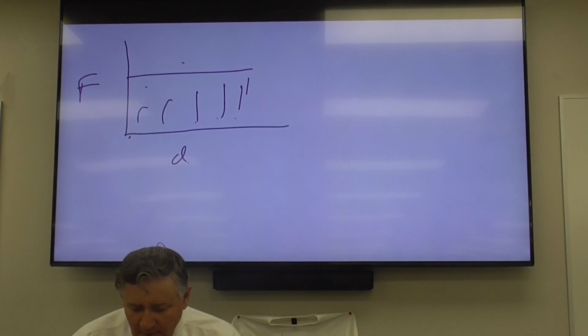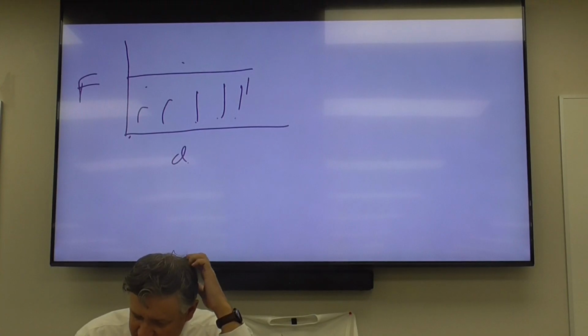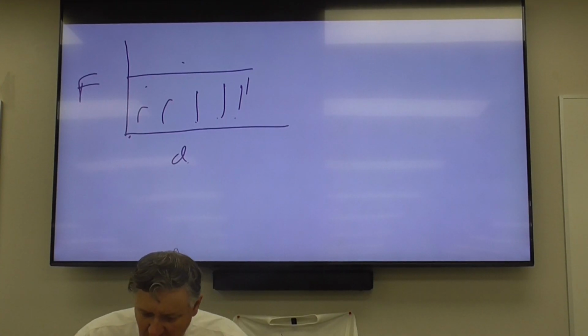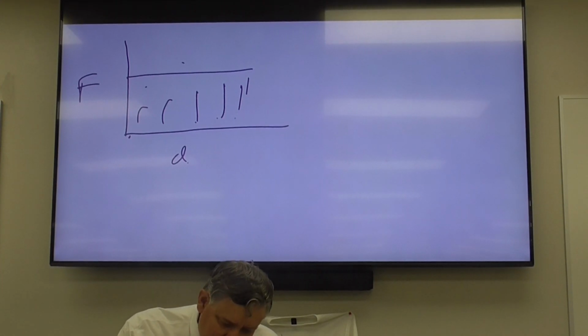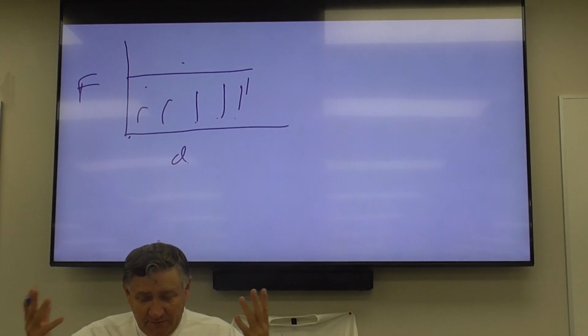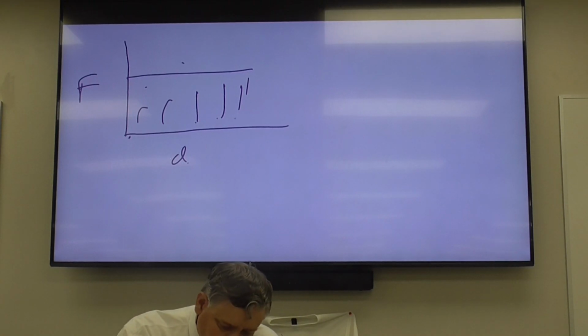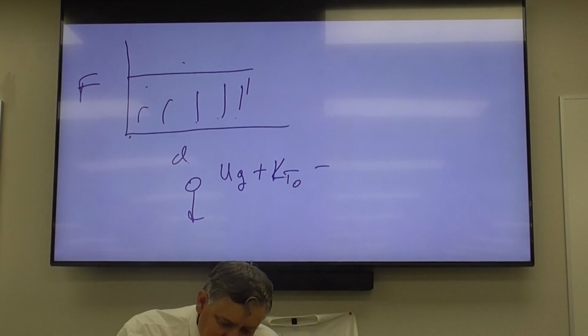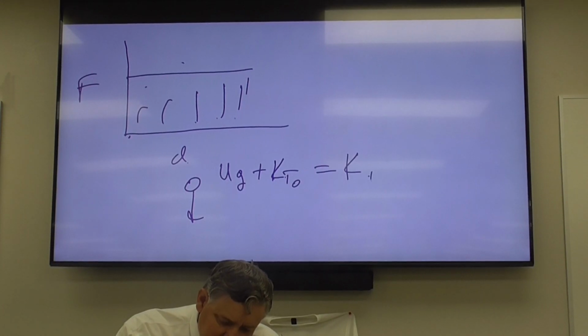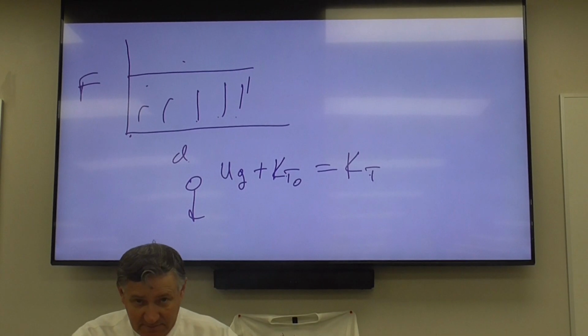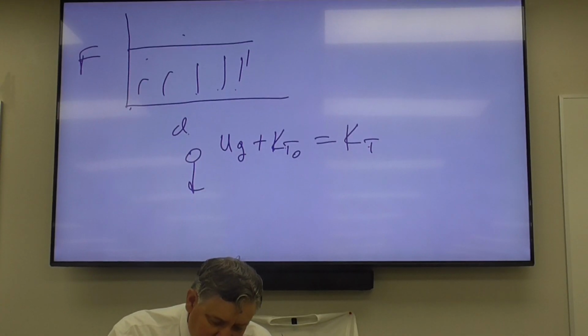On 5D, let me give you some hints. The whole idea of number 5 is that, and this is true of all forms of energy, if you throw something down from the top, you have UG and some initial kinetic energy. Well, that's going to add up to the final kinetic energy. So this is what I showed you.